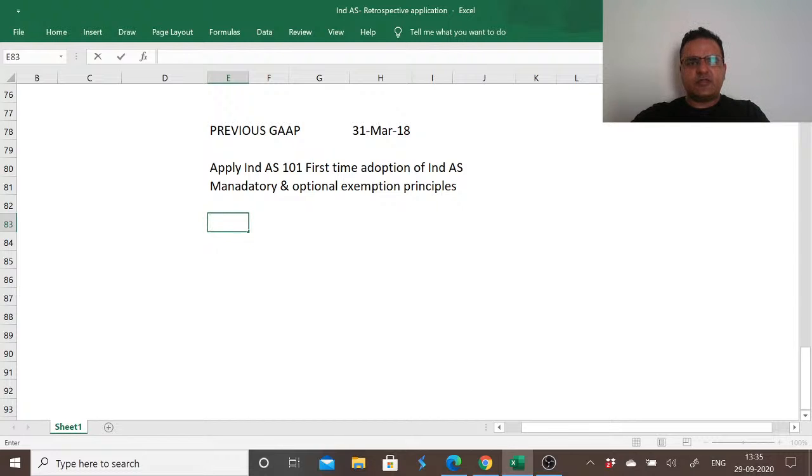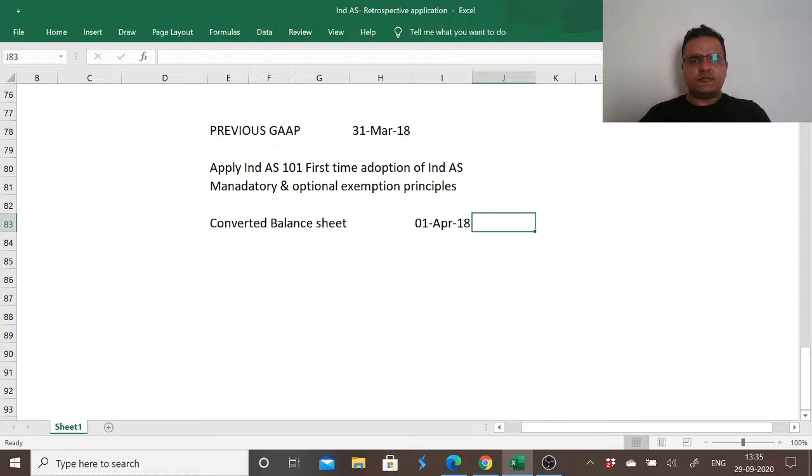We're successful in presenting the converted balance sheet of 1st April 2015. That is the reason 1st April 2015 is the date of transition.